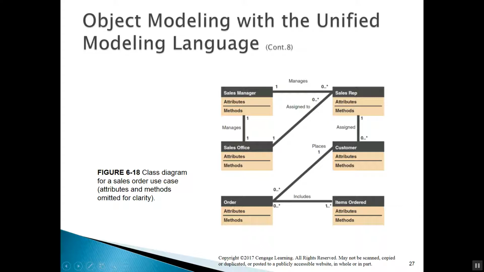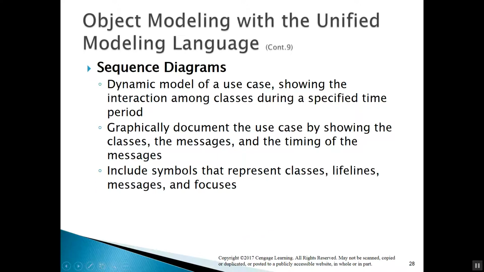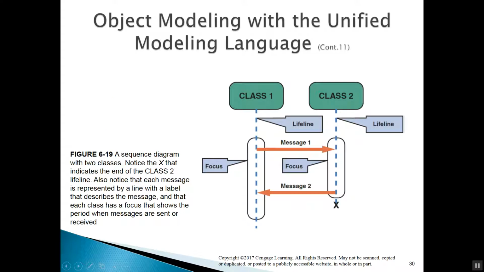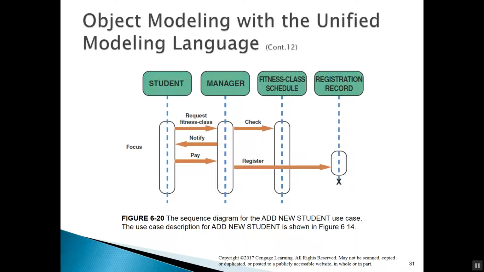One sales manager could have many sales reps. One sales manager manages one sales office. One sales office may have many sales reps. We see these ones and zeros. Now, we'll deal with these in the UML video.